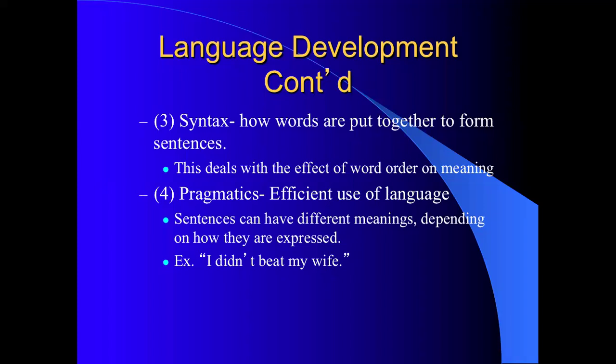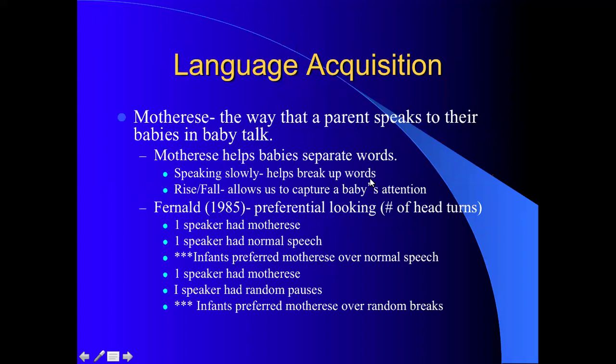A good example is if you watch Big Bang Theory, right? Sheldon is a main character, and he has to be told when there's sarcasm because he doesn't pick it up, right? There's this lack of understanding of social rules of language. So that's language development.